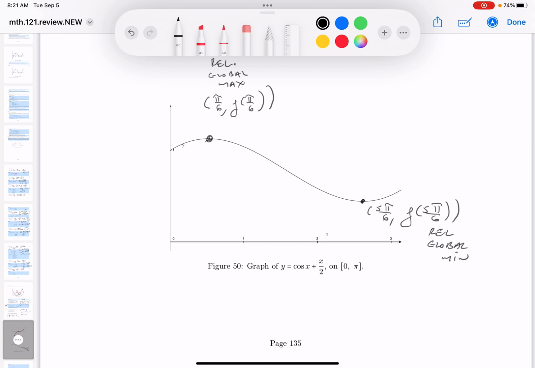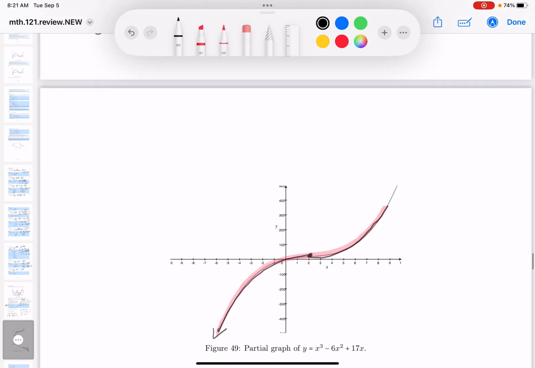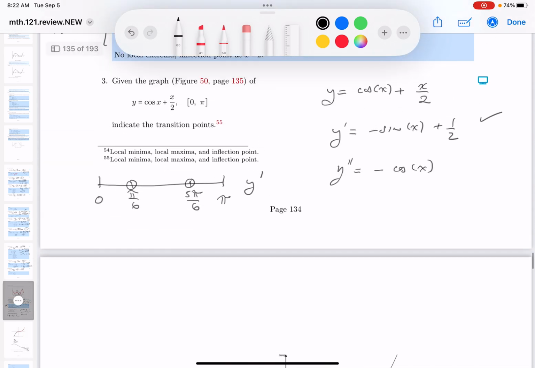All right? Now, let's go back to the other business, and that's the second derivative. Where does the second derivative become 0 between 0 and pi? Well, the cosine curve looks like this between 0 and pi. There's only one spot where it takes on a 0, and that would be at pi over 2.